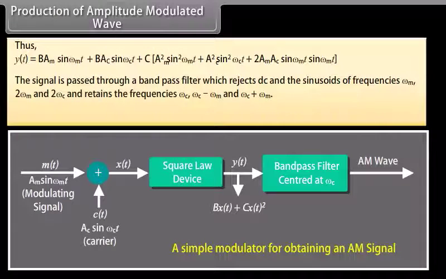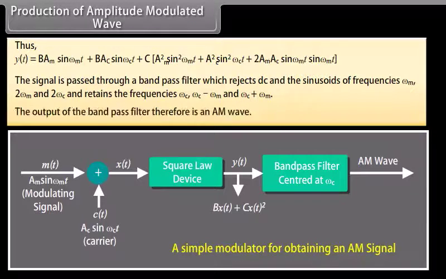The signal is passed through a band-pass filter which rejects DC and the sinusoids of frequencies ωm, 2ωm and 2ωc and retains the frequencies ωc minus ωm and ωc plus ωm.